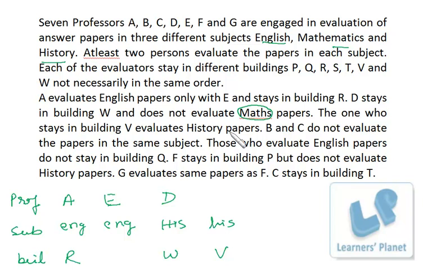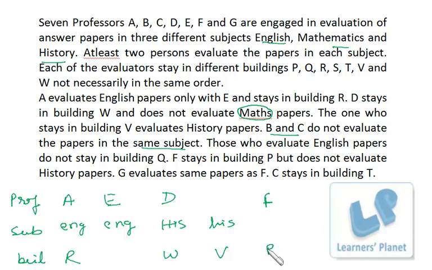Then B and C do not evaluate the paper in same subject. Okay, I'm just leaving this as of now. Those who evaluate English papers do not stay in building Q. Then F stays in building P. So F and P, we have one more combination.